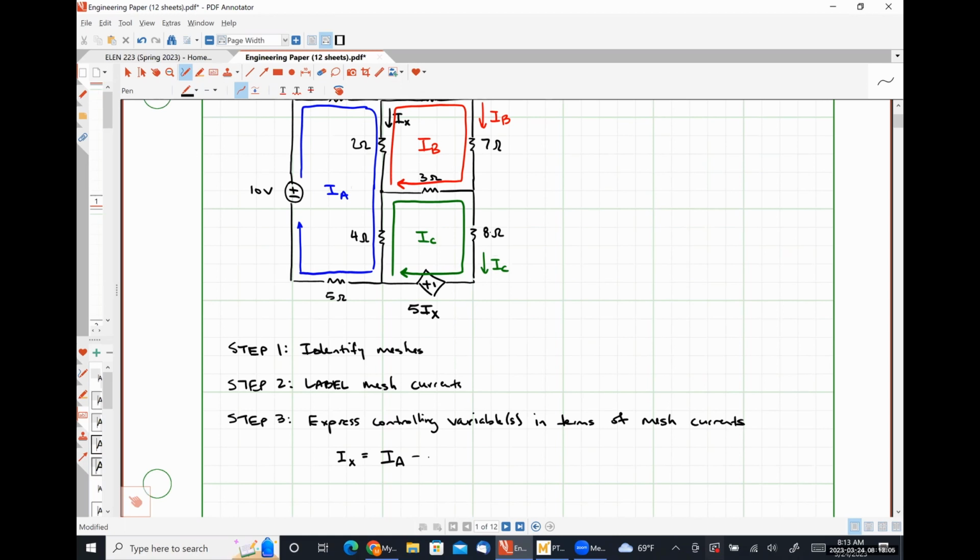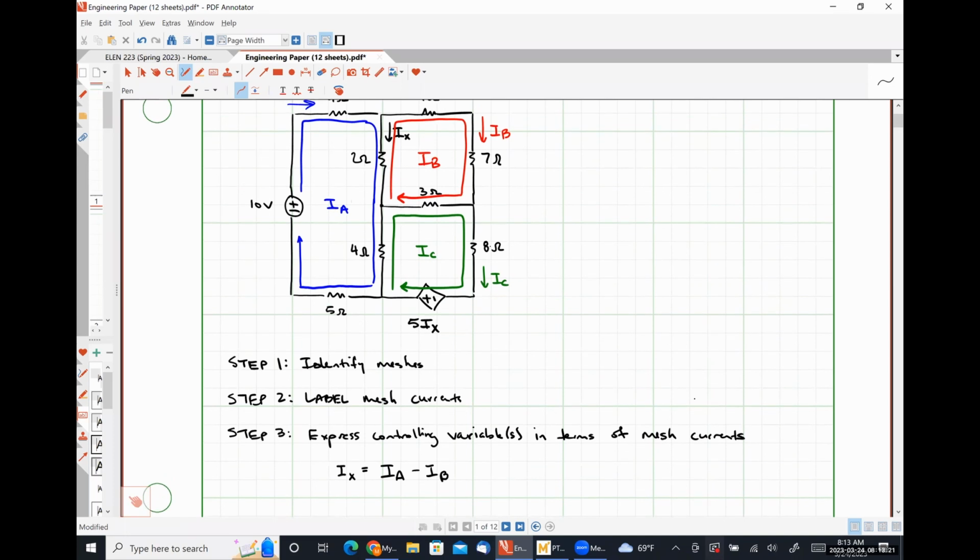So it's a similar concept. We're just dealing with currents now. So this is our controlling variable relationship here. We'll use this style of relationship once we start adding current sources into our circuits in just a little bit.